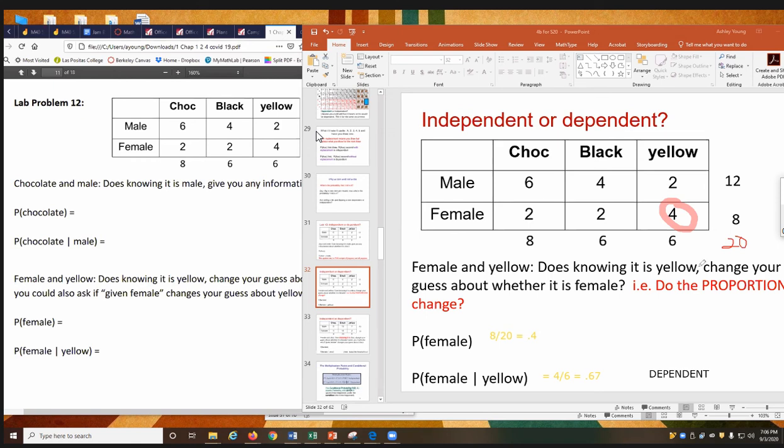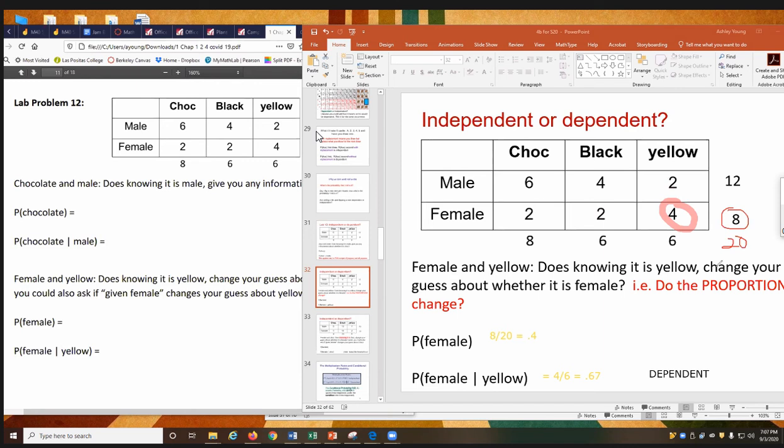Oh, I guess 2. Sure, yeah. This one has to do with males, not females. No, not the female on the black side. Female or yellow? No. That has to do with black. That has nothing to do with that. I'm sorry. Is it 8 then? Okay, 8. Yeah, that works. Because that's the total females. All right. Someone else, another one. How about Eddie? 6.